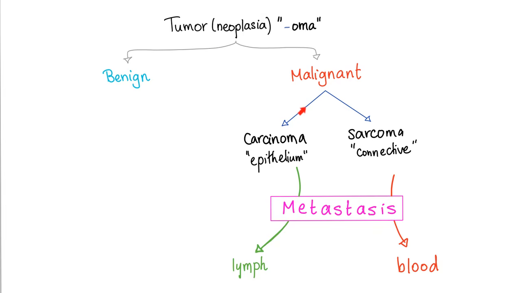And then the malignant are carcinomas or sarcomas. What's the difference? Carcinoma arises from and is made of epithelium. Sarcoma, connective tissue. And then when they metastasize, carcinoma will go to the lymph, but sarcomas prefer blood. And this is called cancer predilection.